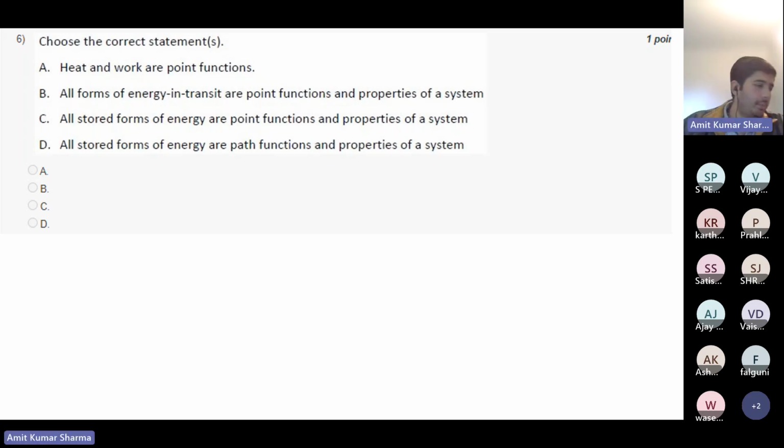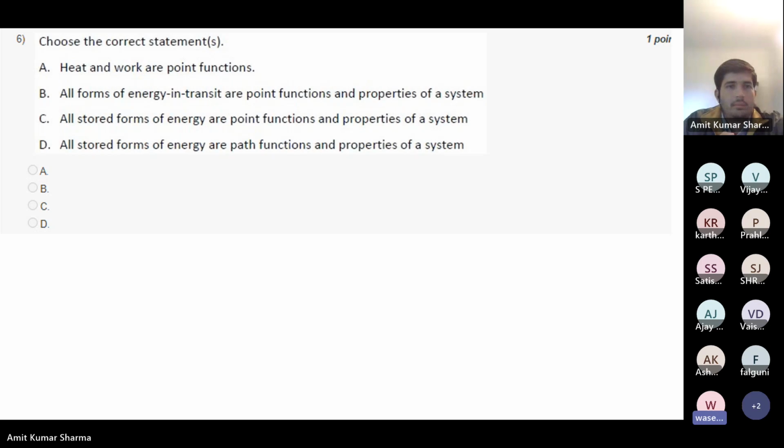Anybody else want to add some point to this? Sir, answer is C. Okay, so yeah, answer is C. Please explain your reasoning.